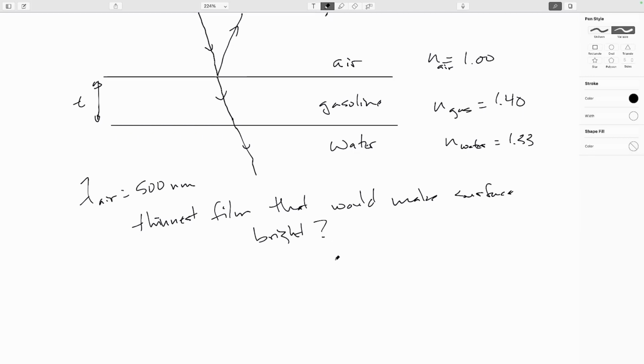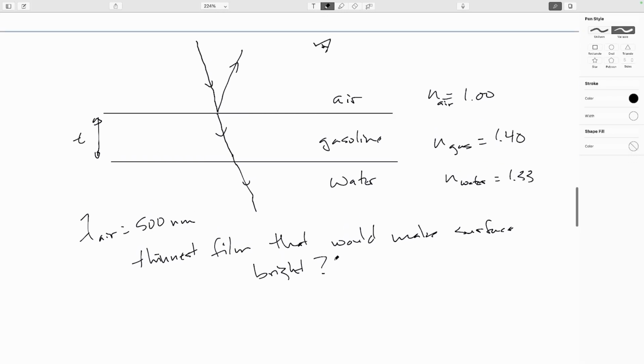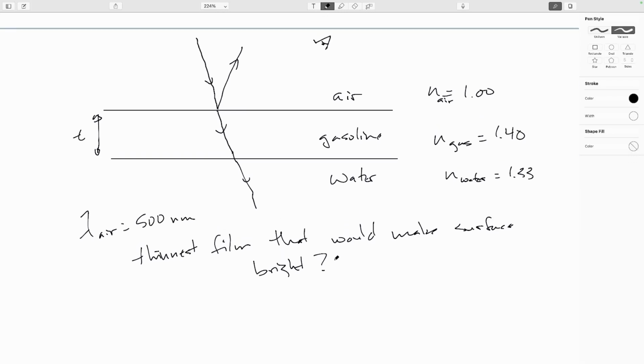Okay, so when I take a look at this, this is going to be a case 2 situation. I can get that because there's going to be no phase change here, but this is 1.4, and light here in 1.4 will be bouncing off of a surface that's 1.33. So that'll have a phase change.